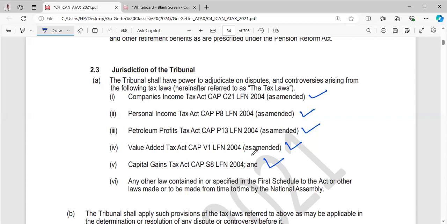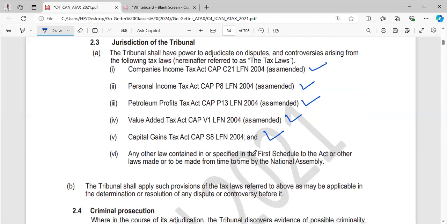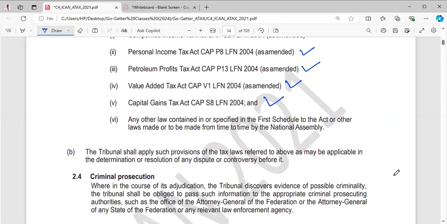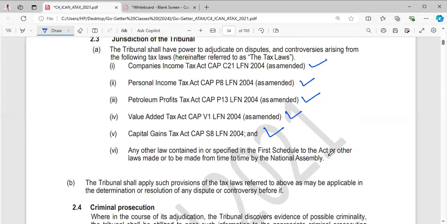The tribunal shall apply such provisions of the tax laws referred to above in the determination of the outcome or the resolution of any dispute before it. So if there is a Company Income Tax Act that is in question, they might apply the relevant section of that Act to solve a problem.